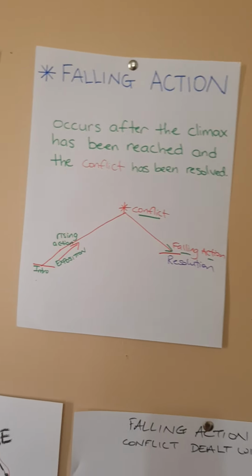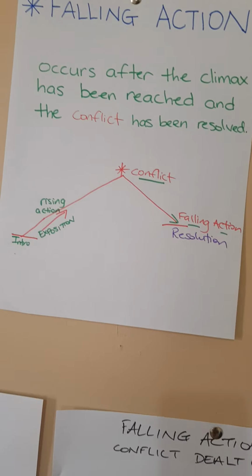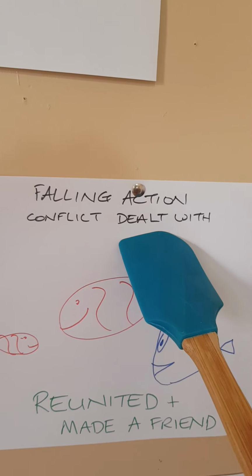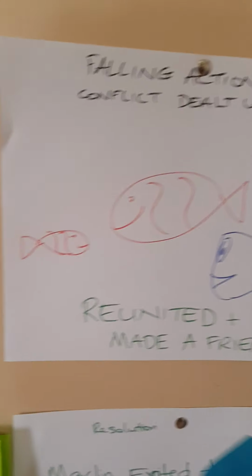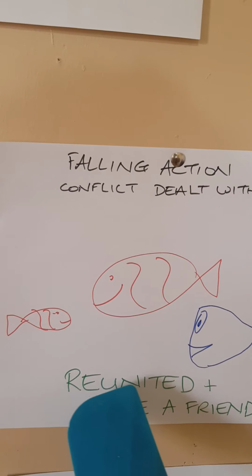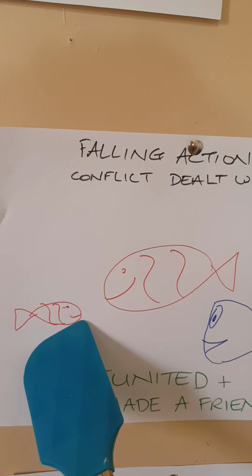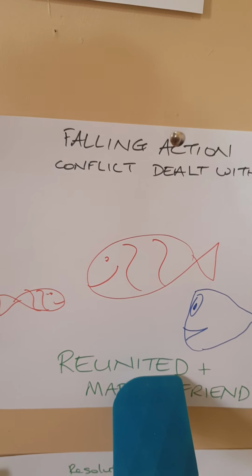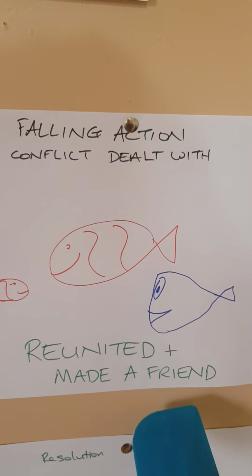And then your falling action, this is the part of your plot that deals with the conflict and how it's going to be resolved, right? So here you have the father and Nemo being reunited again. Falling action. And they even make a friend.